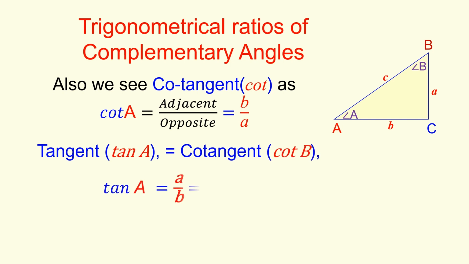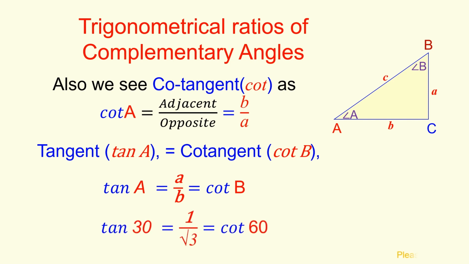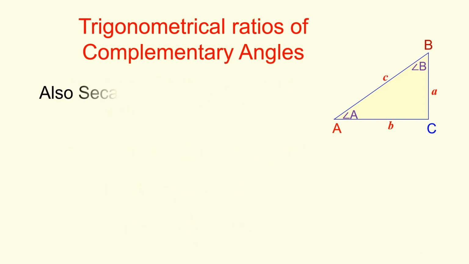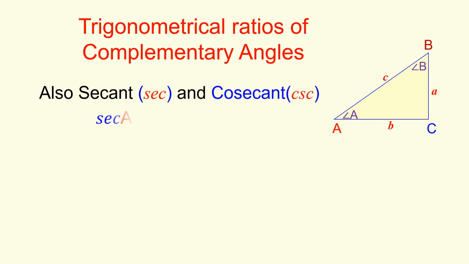Tan A equals a by b, which is the co-ratio for B, or cot B. Now note it for secant and cosecant.